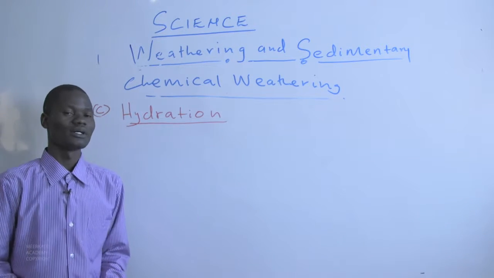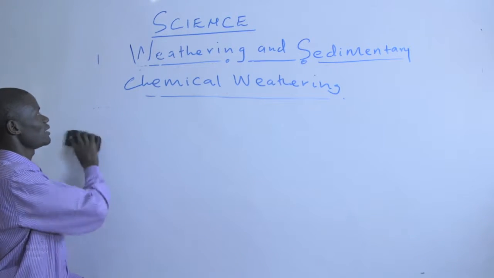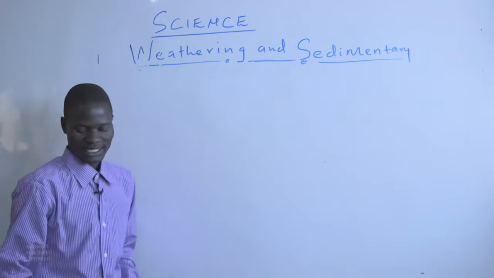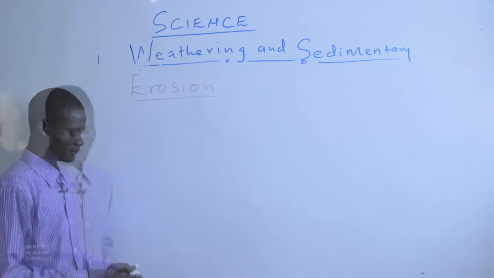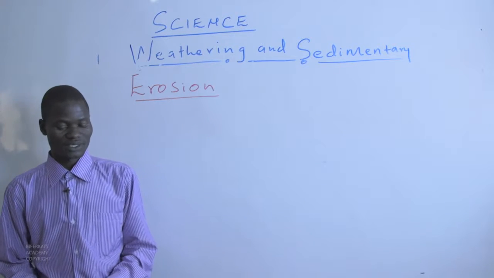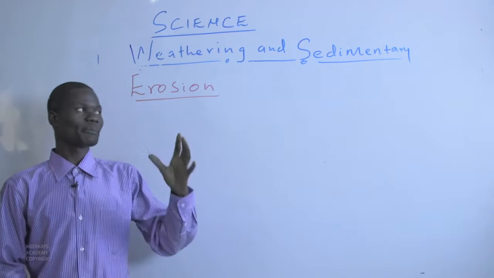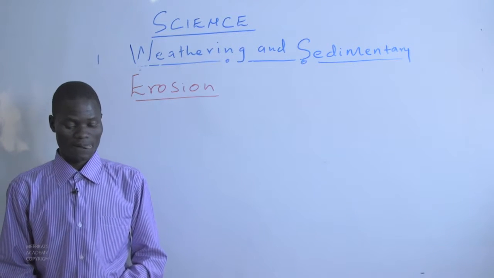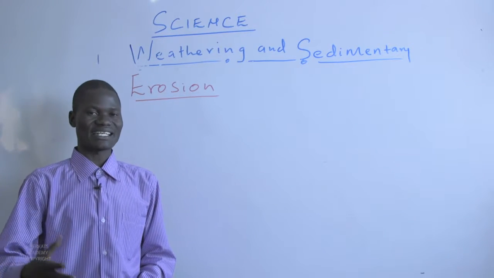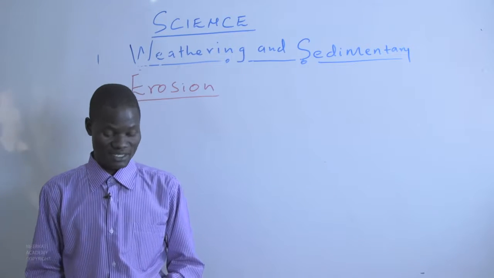We'll be able to look into what we call erosion as also one of the aspects that act generally on weathering. We are able to understand that in the process of weathering, the weathered materials sometimes are recycled so that they are able to form new landscapes.